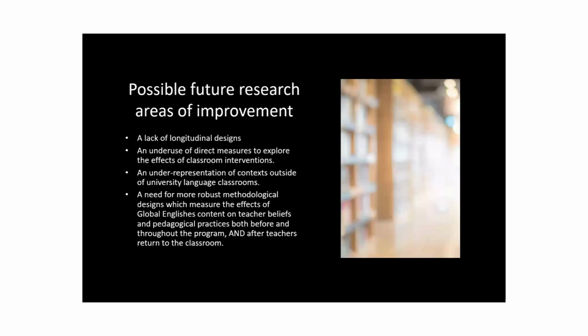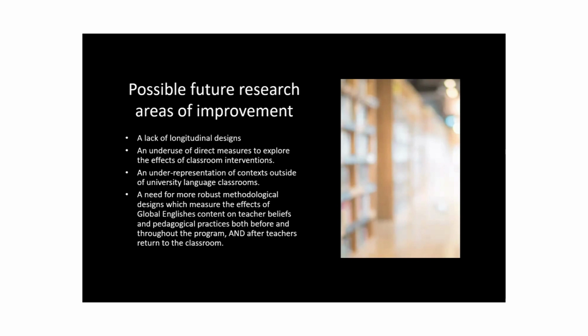So possible areas of future improvement could be that we do lack longitudinal designs, so we need more longitudinal research. We also see an underuse of direct measures to explore the effects of classroom interventions. So often we see a lot of reflection that talks about, well, what do students think, rather than more directly trying to measure the outcomes that we're really interested in.